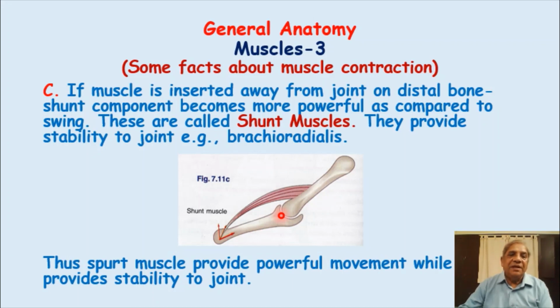So ultimately you have learned the two different kinds of muscle contraction, that is the shunt and the spurt. Thus spurt muscles provide powerful movement, but shunt muscles provide stability to the joint.